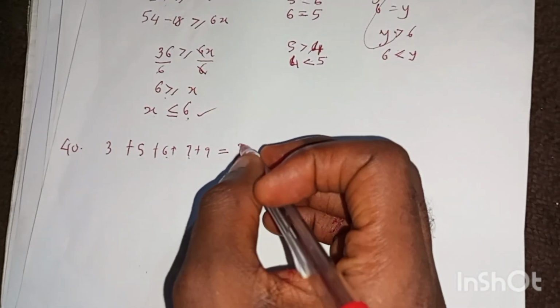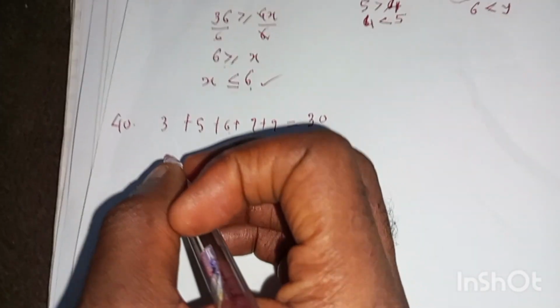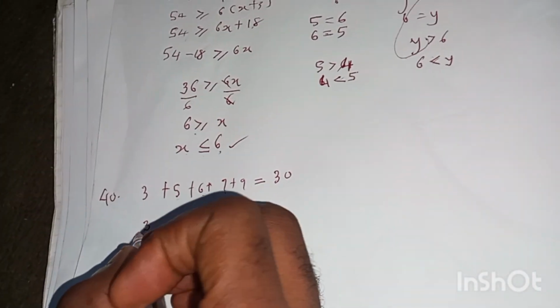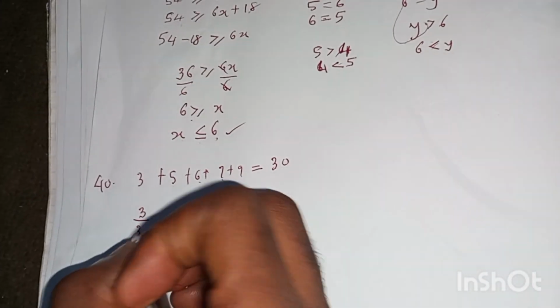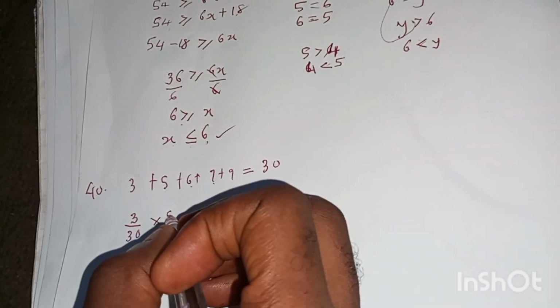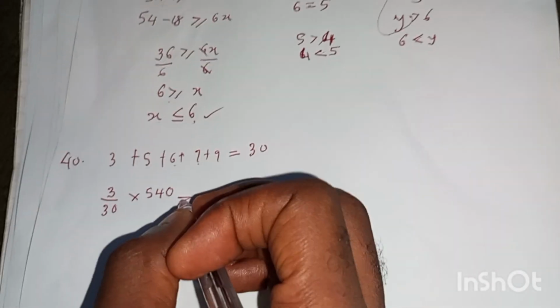So total ratio is 30. So how do we divide 540? We take the first ratio, place it over the total ratio, then multiply by 540, which is the sum of angles in the pentagon.